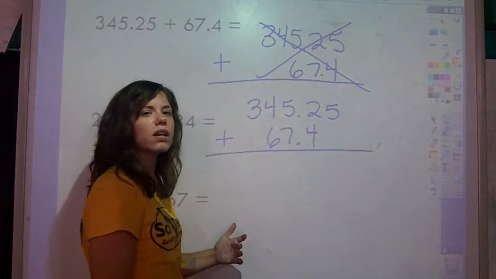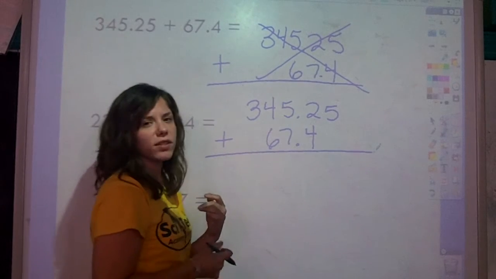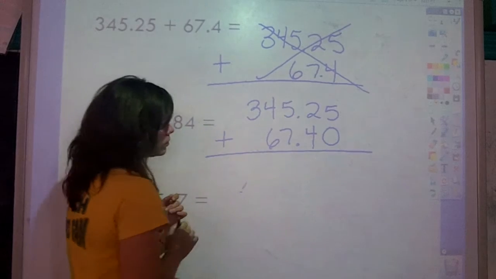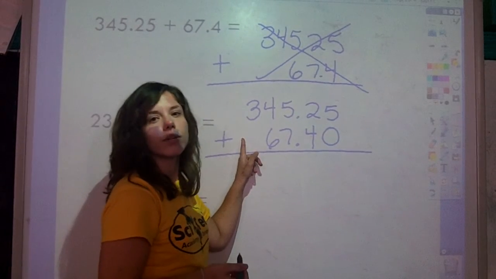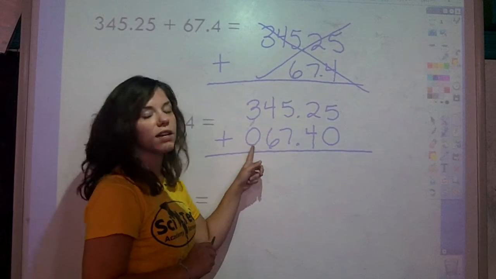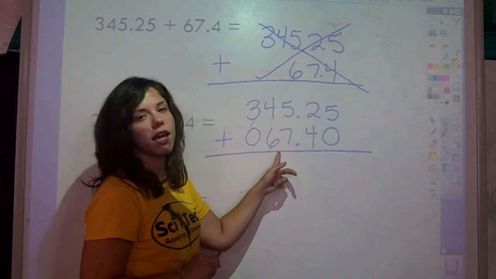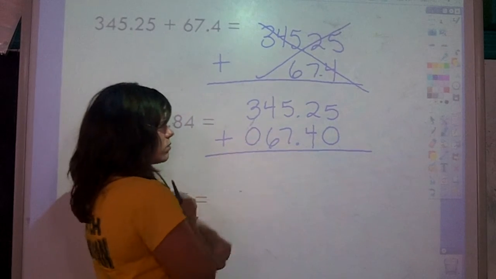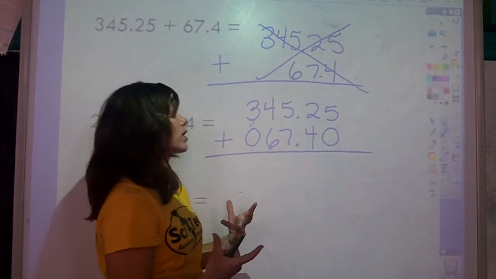That's really confusing. So anytime you have blank spaces when you're adding decimals, fill in zeros. We could fill in a 0 here too. That's not a problem. It doesn't change the value. This is saying I have 0 hundreds, 6 tens, and 7 ones. That's the same as 67, whether you have the 0 or not.